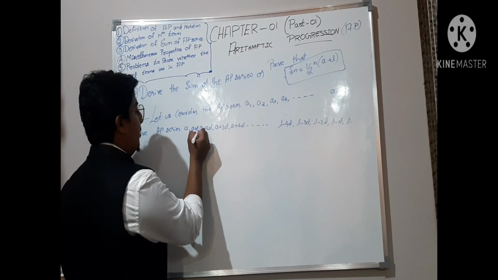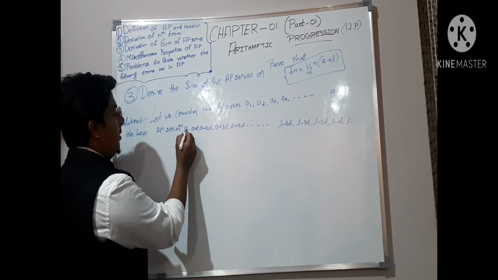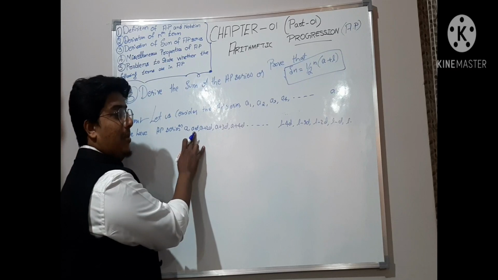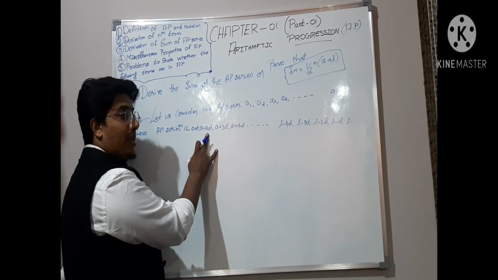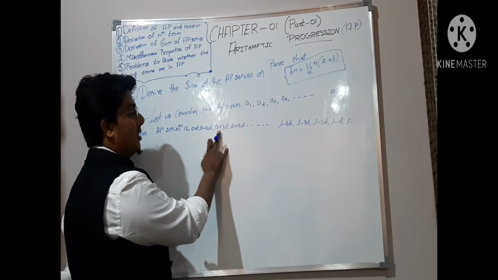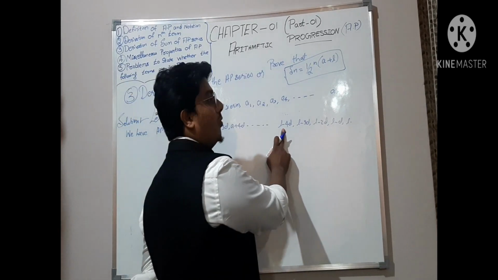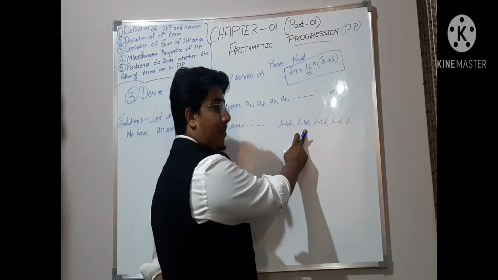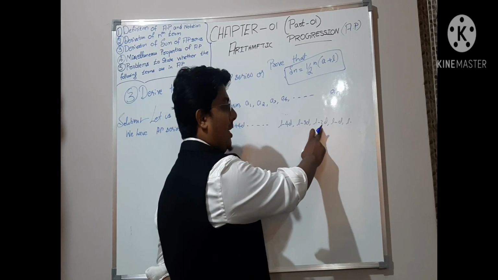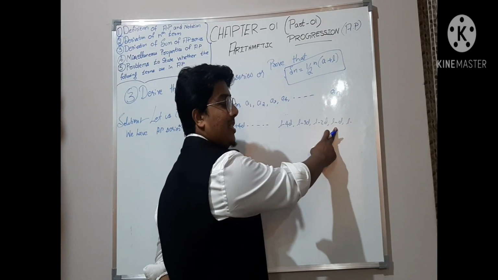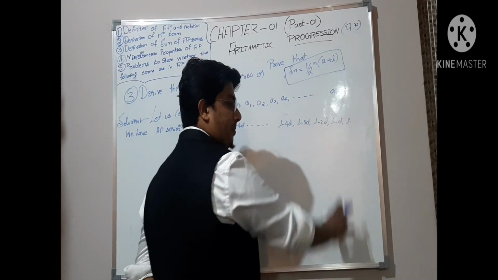A plus D is A plus D. A plus D plus D is A plus 2D. A plus 2D plus D is A plus 3D. A plus 3D plus D is A plus 4D. Similarly, L minus 4D plus D is L minus 3D. L minus 3D plus D is L minus 2D. L minus 2D plus D is L minus D. L minus D plus D is L.